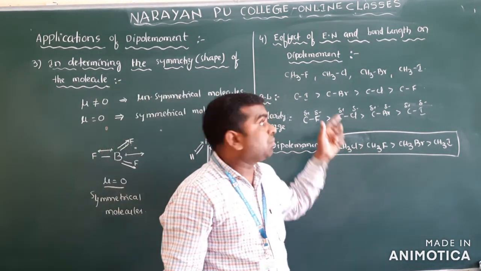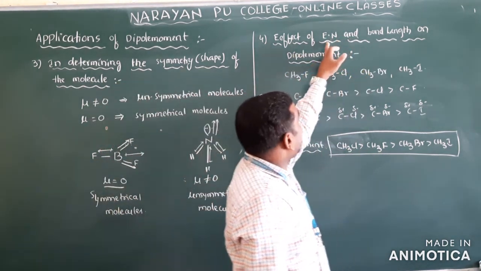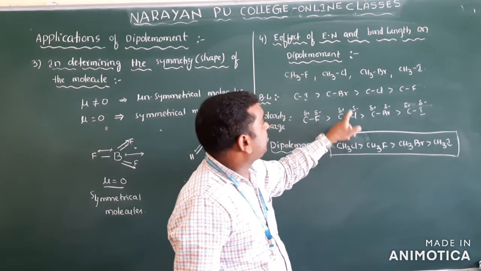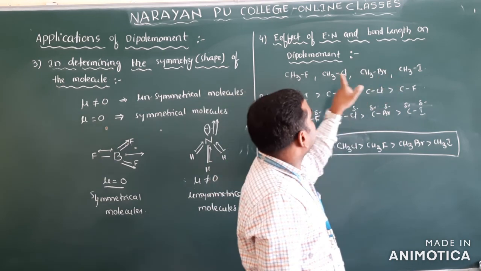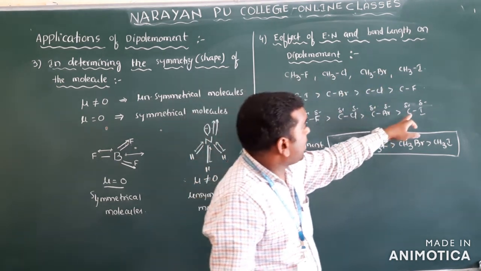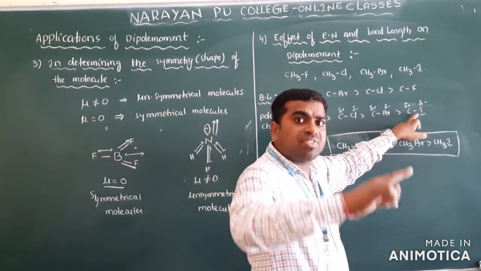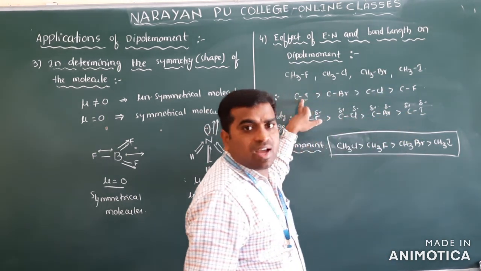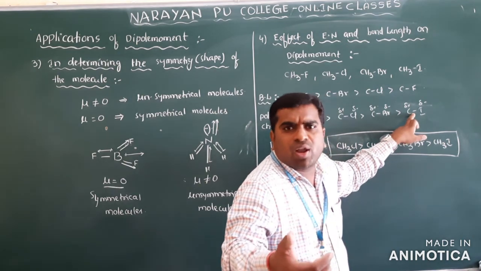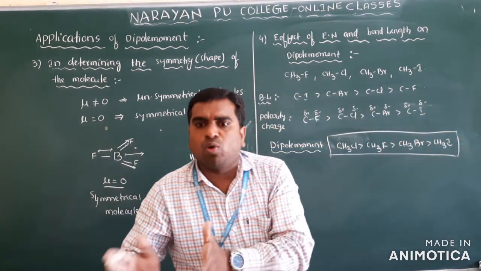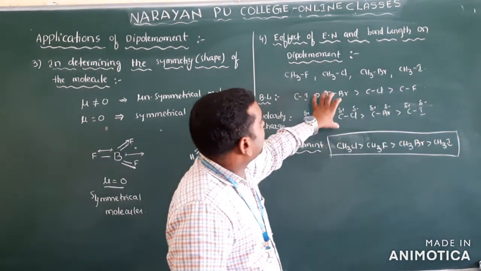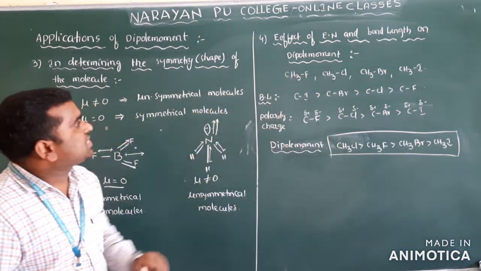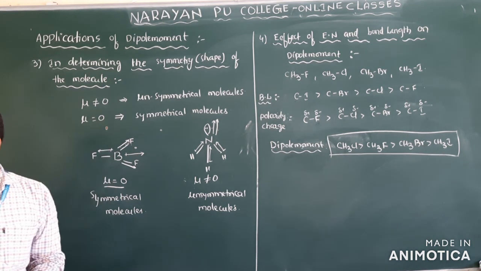We have to consider both the bond length and the electronegativity. That product will come highest for CH3Cl. Why not for CH3I? The bond length is highest, but the charge is very smallest, so the product will also come lowest. That product will come highest for CH3Cl. I hope you understand. So this is the fourth application.